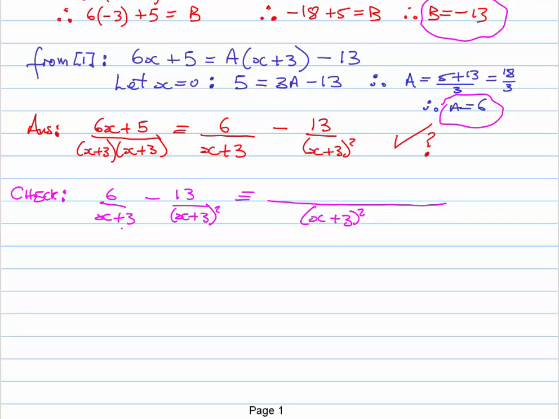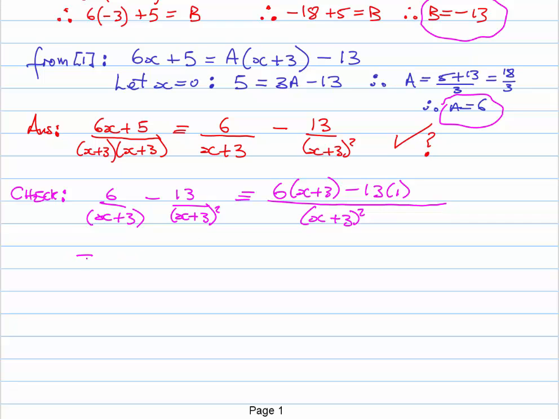We look at the first one: x plus 3 goes into this common denominator x plus 3 times. Multiply that result by 6, so we have 6 lots of x plus 3. Similarly, this denominator goes into the common denominator once, so minus 13 times 1.